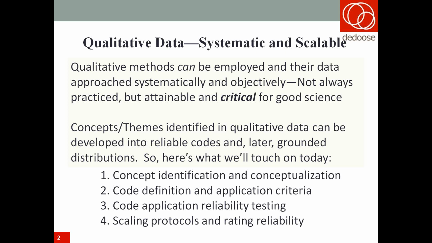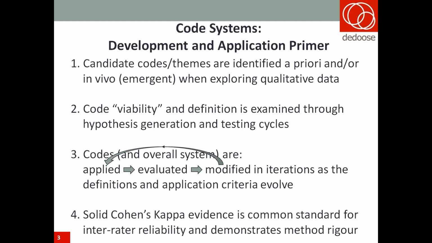There are four main things we're going to touch on today: first, concept identification and conceptualization; code definition and application criteria; code application reliability testing; and then scaling protocols and rating reliability, what that looks like in practice and why it can be valuable to your research as well.